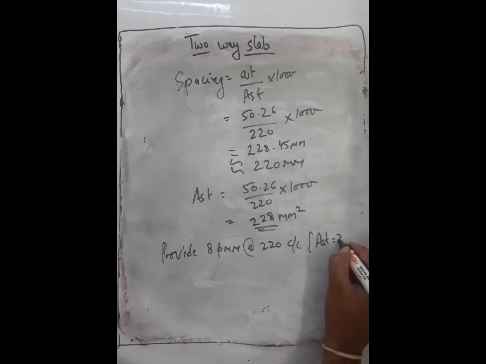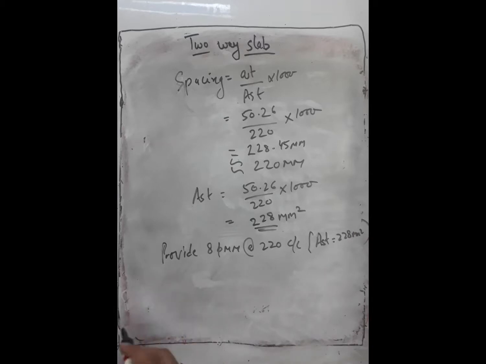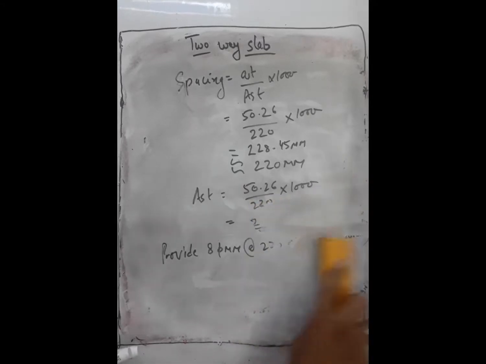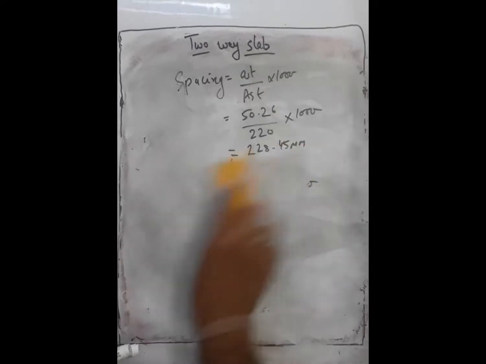AST is equal to 228 mm square. Okay, so in this way you have to write this along LX. Now same way you have to find for along LY. Okay, so let's find for along LY.